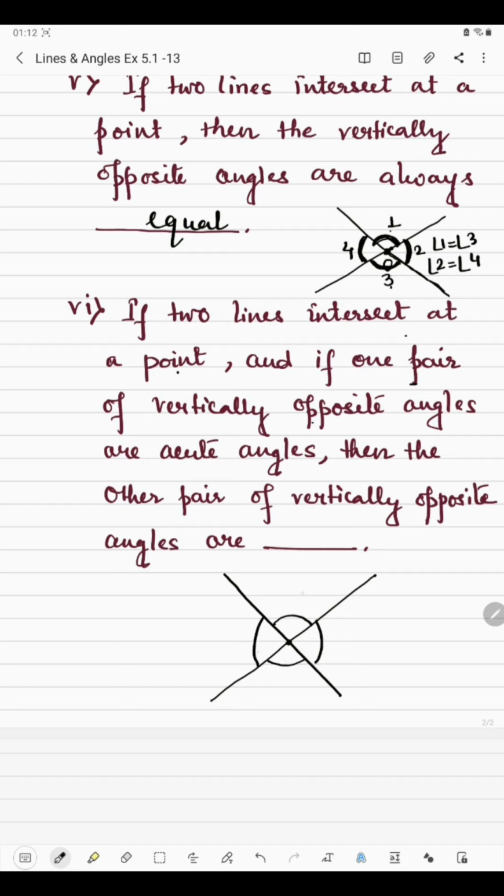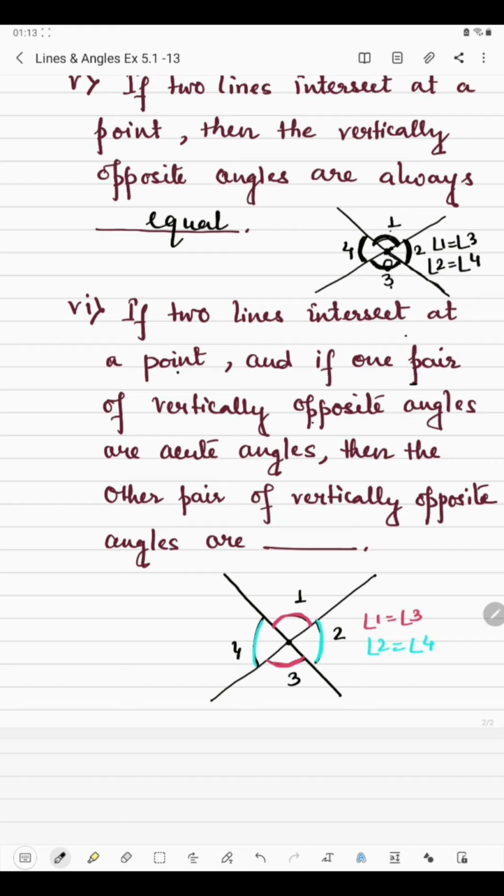If I consider this as 1, 2, 3, 4, then angle 1 is just opposite of angle 3. So angle 1 is equal to angle 3, and angle 2 is just opposite of angle 4. So angle 2 is equal to angle 4.